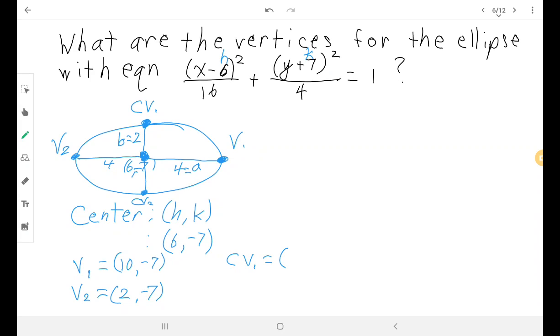CV1, this time the x isn't going to move, and I'm going to move plus 2 in the y direction, so I'm going to go from negative 7, plus 2, that is up 2, so that's going to go to negative 5, and co-vertex 2, also the x isn't going to change, and then I'm going to go negative 7 and down 2, that is 2 in the negative direction, which will give me negative 9. So now I've been able to talk about all of the vertices. I'll pause here, allow for questions.